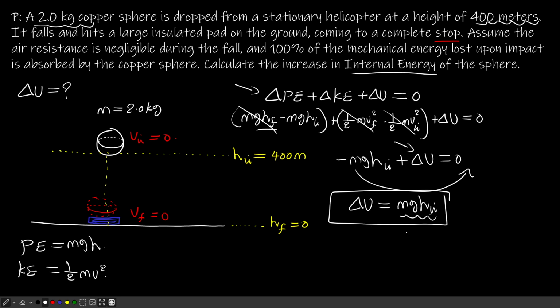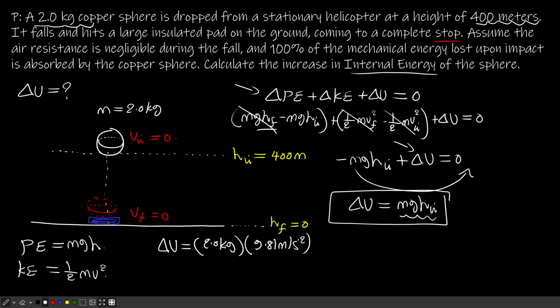Alright, now let's put the numbers in, or substitute the givens. Okay, so we say delta U is equal to the mass, which is 2.0 kilograms, times the gravitational acceleration, which is 9.81 meters per second squared.